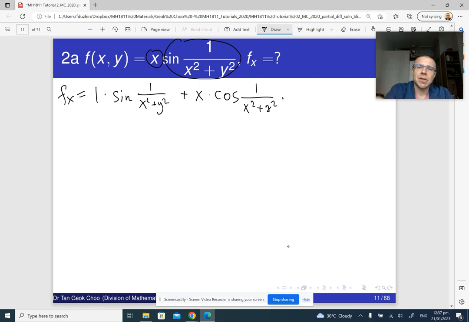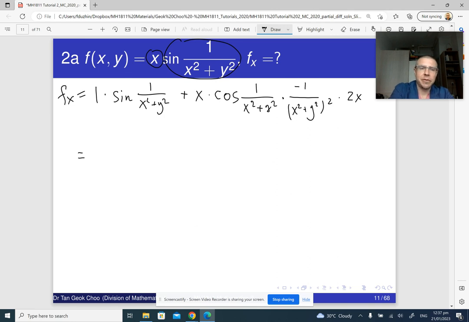For 1 over something, its derivative is minus 1 over the same thing squared. So minus 1 divided by (x squared plus y squared) squared. And finally, we've got to differentiate x squared, because we still haven't differentiated it, and its derivative is 2x.